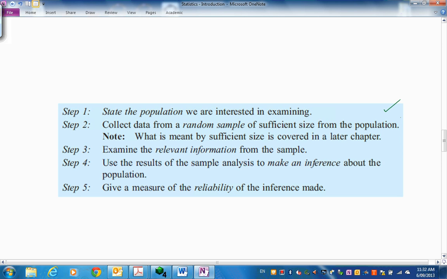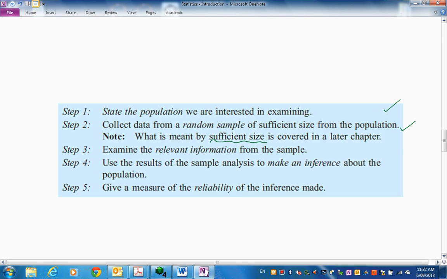And then we will take some measurements by collecting data from a random sample of sufficient size. Sufficient size is a very, very interesting statement in statistics, because can you see that it will depend on the nature of the population? You know, how skewed the numbers are, perhaps.